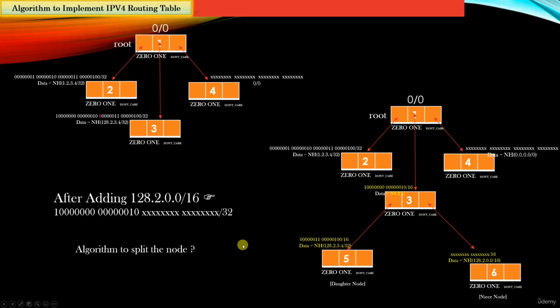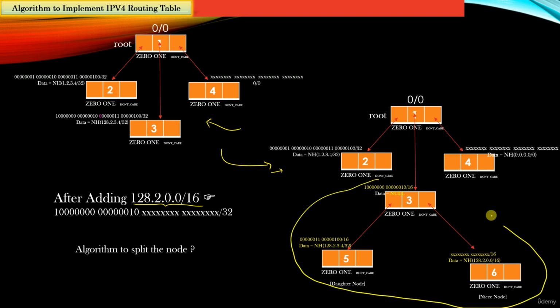The next slide shows how the M-trie data structure looks after the insertion of the route 128.200/16. This is the pictorial representation of the M-trie data structure before the insertion of the route, and this is the representation after the insertion. You can see all the changes have happened in node 3 and downwards.